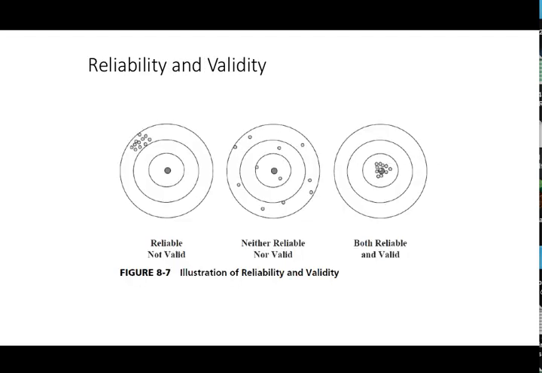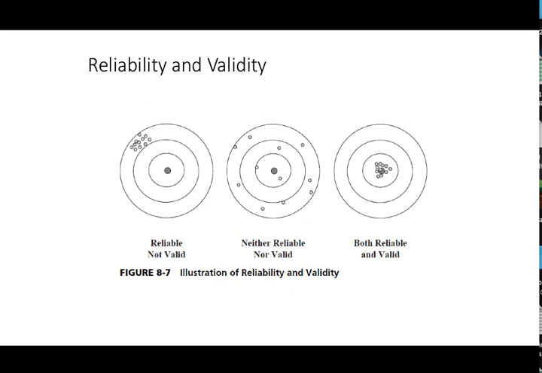The second slide shows the relationship between reliability and validity. As I said, a measure has to be reliable, but that's not sufficient. It not only has to be reliable, but also valid in order for it to work. The first graphic on the left-hand side, where it says reliable but not valid, is an example of systematic error. You want to hit the bullseye right there in the middle.